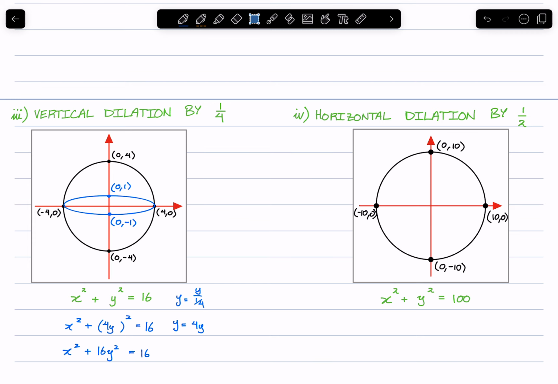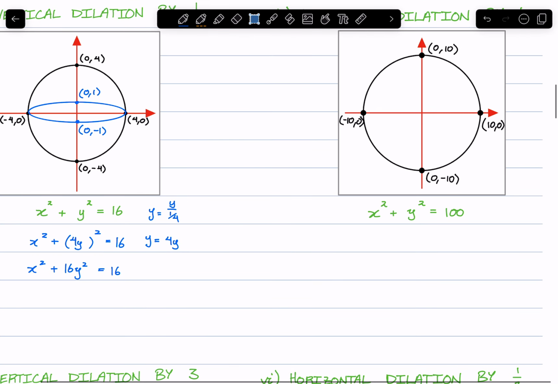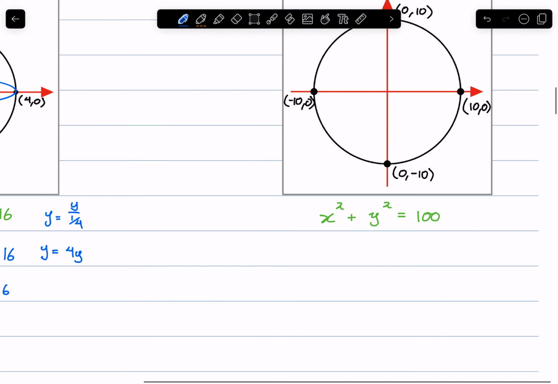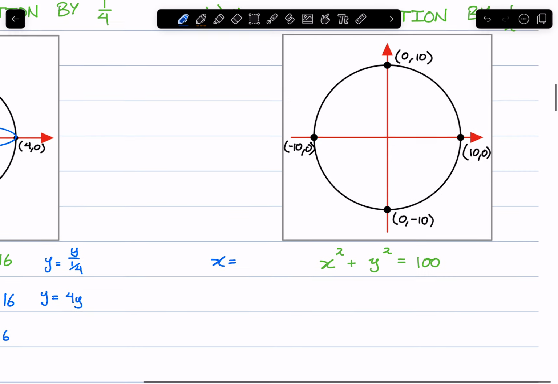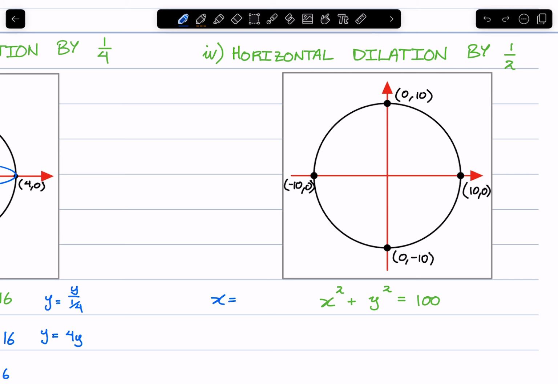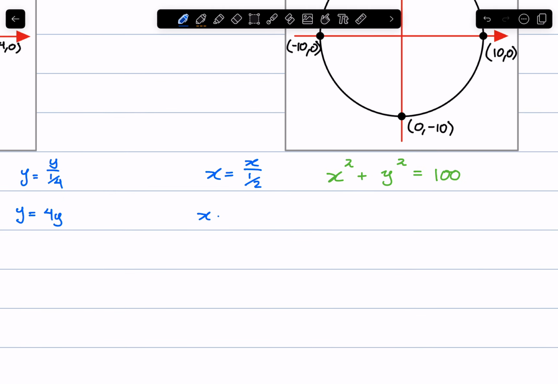Now, seeing this, you can try it for the next one. It'll be the same idea. This one, once again, since it's a horizontal dilation, we are substituting x with x over 1/2. And as before, this is the same as x becoming 2x. Substituting this, we get (2x) squared plus y squared equals 100. This becomes 4x squared plus y squared equals 100.